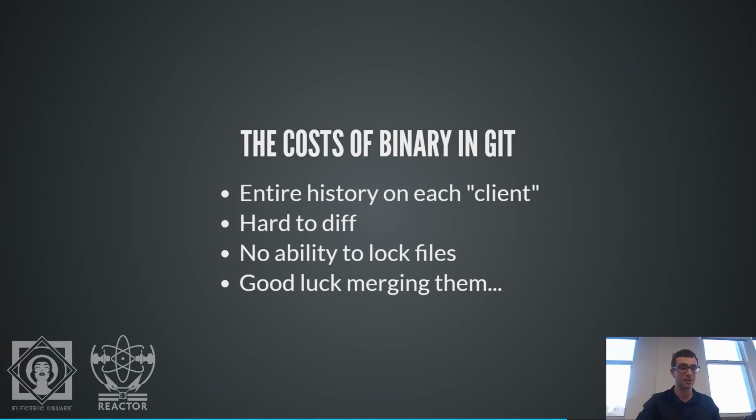And because everything's so distributed, you've got no way of letting other people know that maybe you're modifying a file and that they should hold off on modifying it themselves, because it's going to be a pain to merge. And so yeah, good luck merging them. There's no magic algorithm for merging binary files. So that can be a huge pain as well.